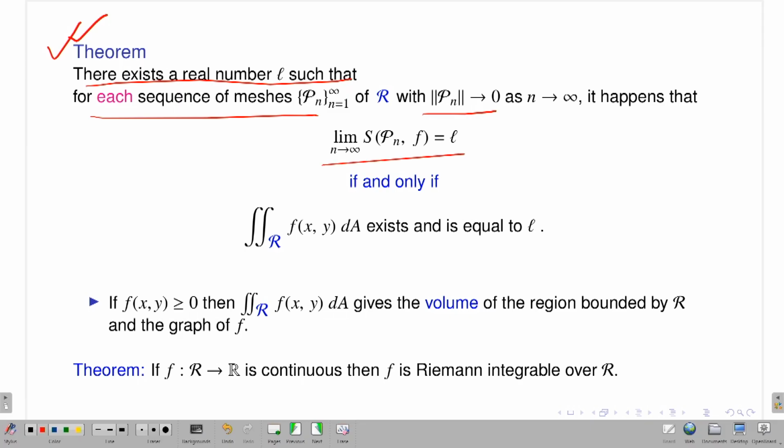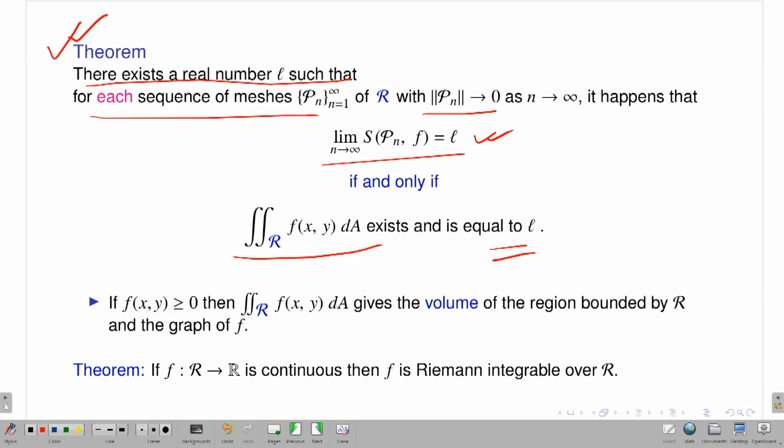Suppose this limit exists, that means the limit as n approaches infinity of the corresponding Riemann sum S associated with the partition Pn for the function f exists and its value is L, if and only if the Riemann double integral of f exists and the value is exactly equal to L. Okay.